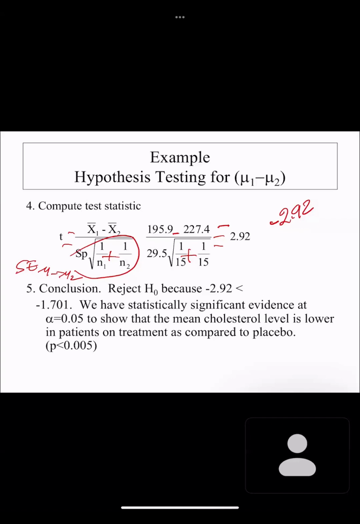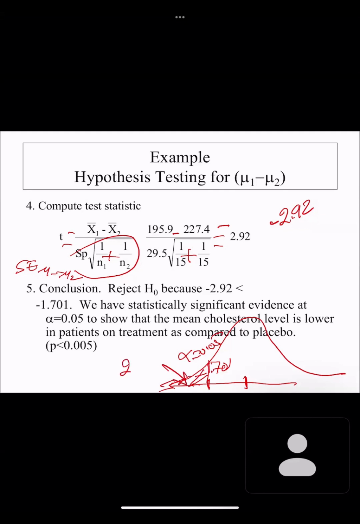What would be my decision? What's my decision rule? Any value less than minus 1.701 is to reject, based on alpha 0.05. So where is my minus 2.92?